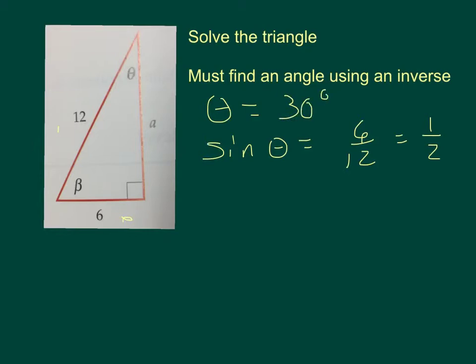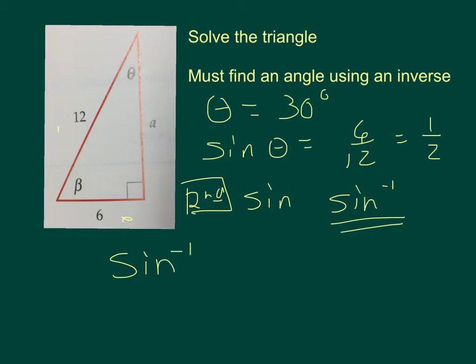If I did not remember that, I would use the second button on my calculator and hit sine, which gives you sine to the -1. That represents the inverse, not the reciprocal. There is a difference. So in my calculator, I could enter inverse sine of 1/2, and the calculator would tell me 30 degrees.